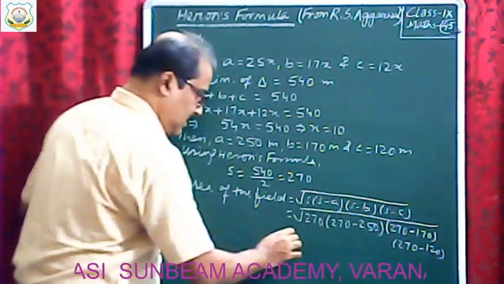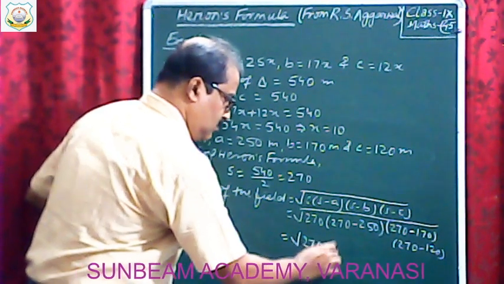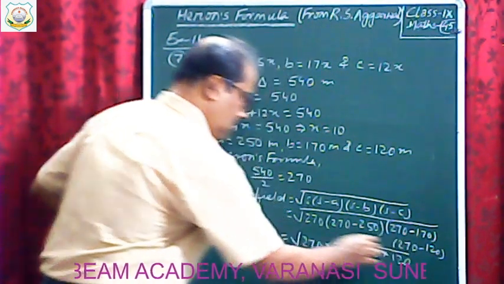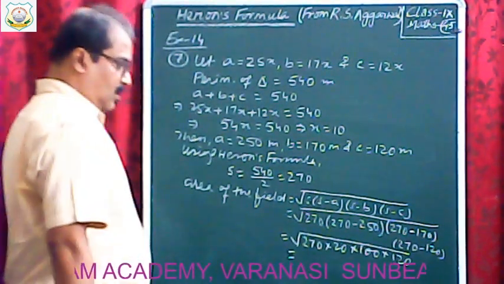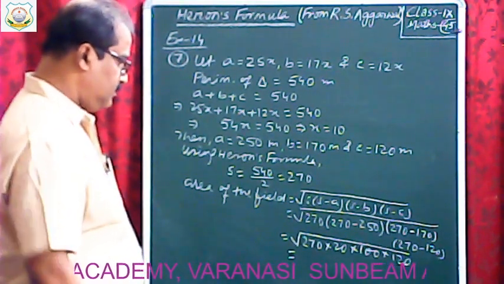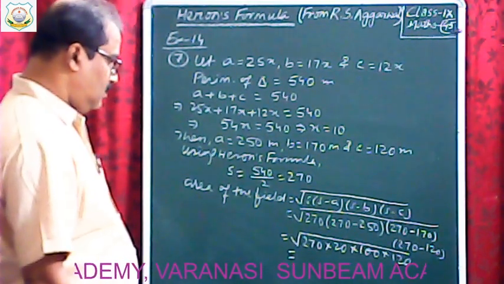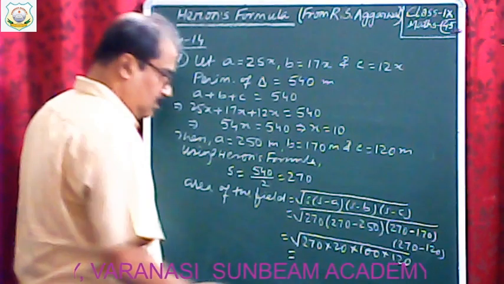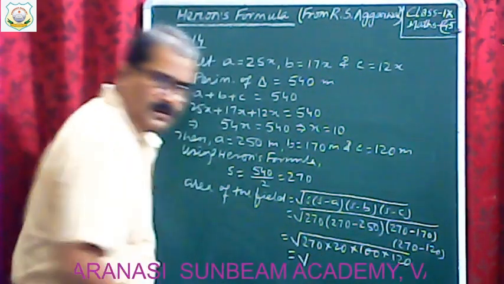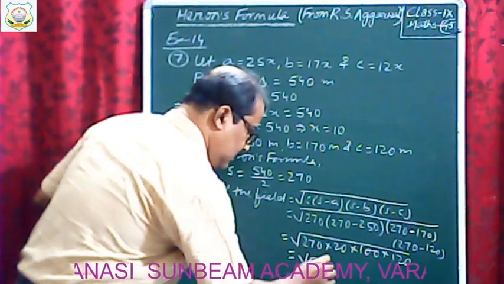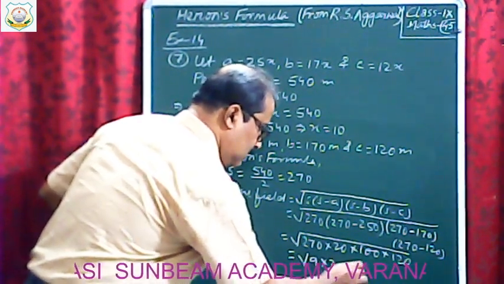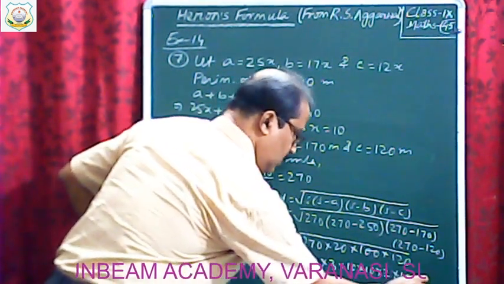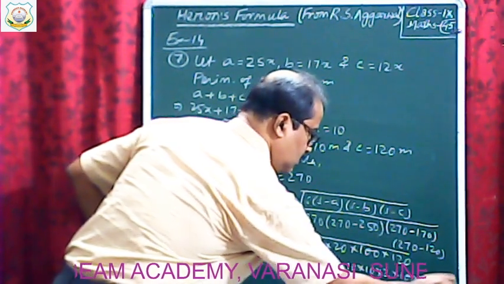Okay. Thereafter calculation 270 into 20 into 100 into 120. Okay, finally 270, visible or not? 9 into 3 into 10, 20, 10 into 2, 100 as it is, 12 means 4 into 3 into 10.